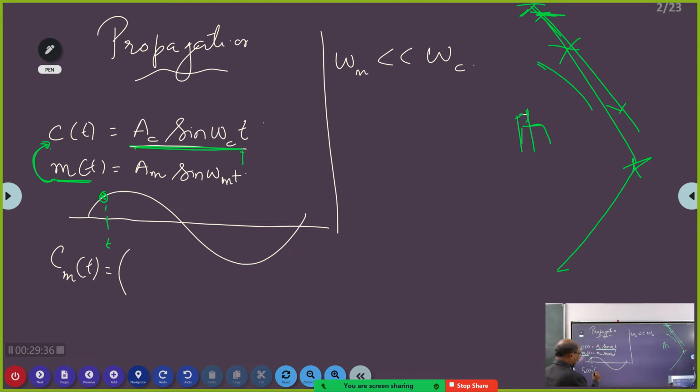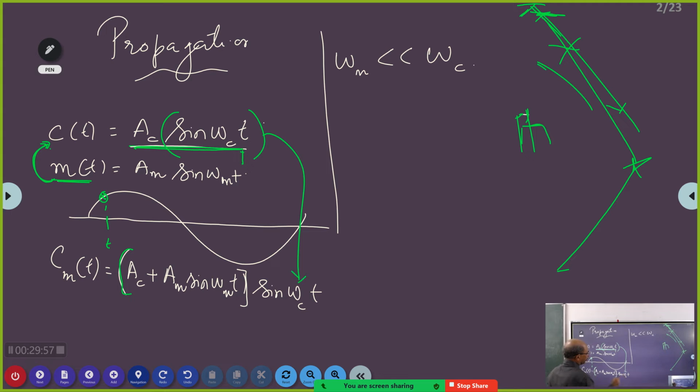It becomes AC plus AM sin omega m t, into sin omega c t. So that means now this part is retained, and this part is changing like this.